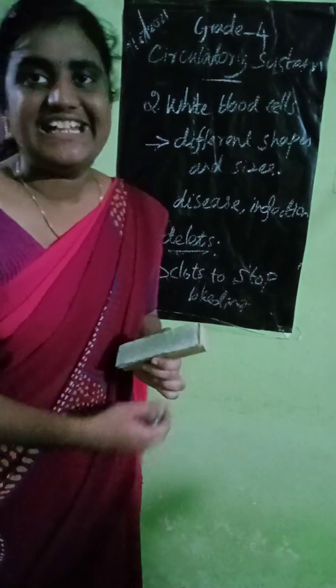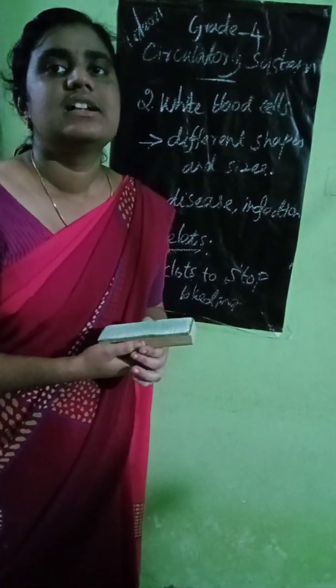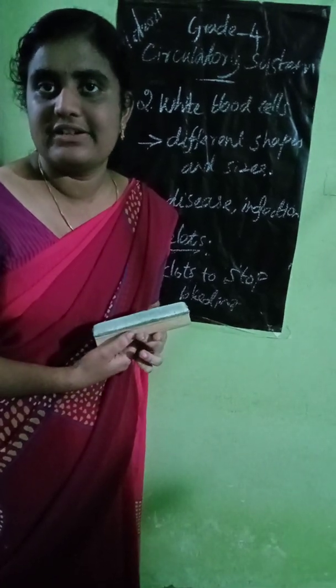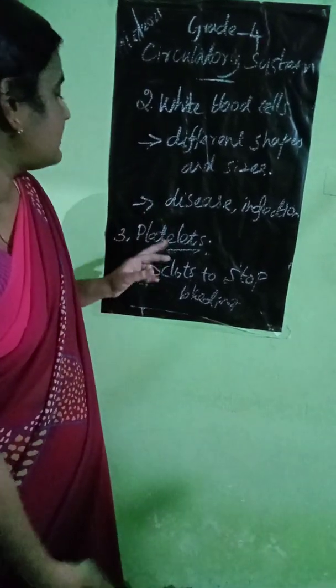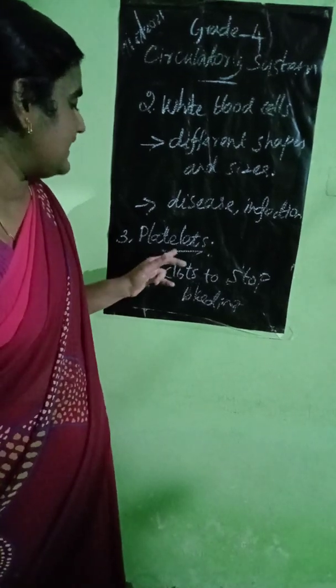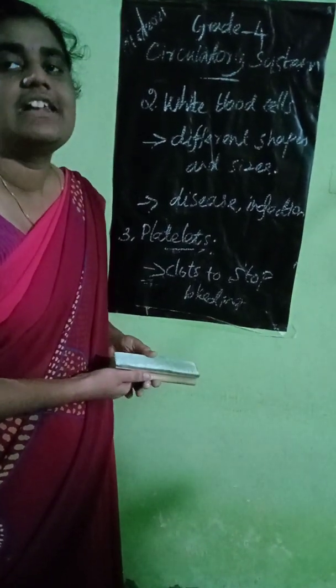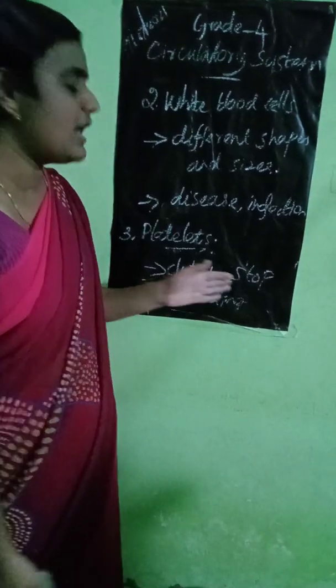So when we get hurt, the blood comes out from our body. At that time these platelets form clots to stop bleeding.